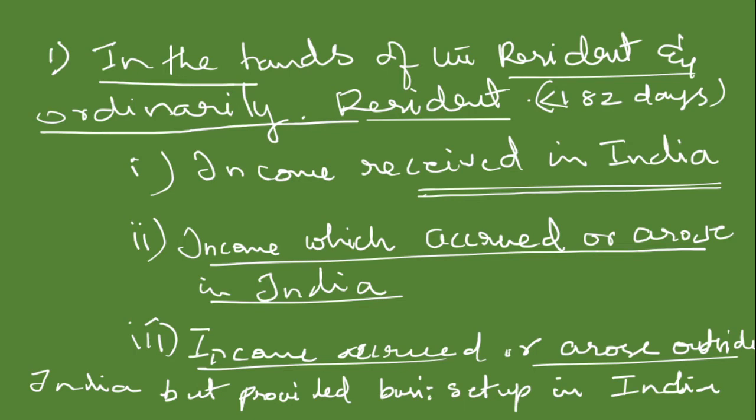If he is in India for less than 182 days, then he is a permanent resident itself, but he is working somewhere outside permanently. If he is traveling, then we cannot say that. If he is working somewhere for a short period of time, that means 3 months or 4 months, then he becomes an ordinarily resident.